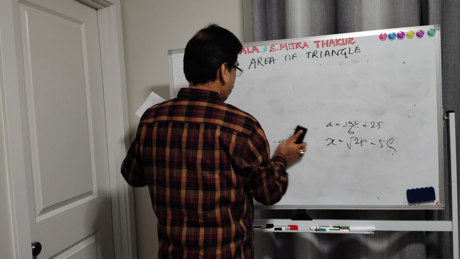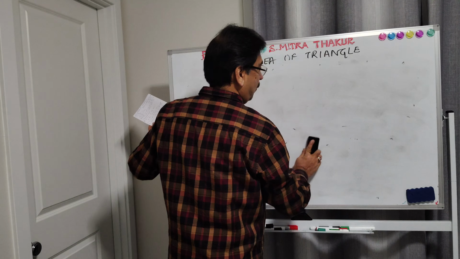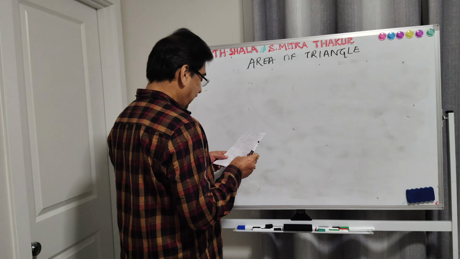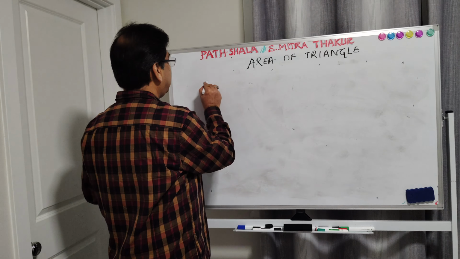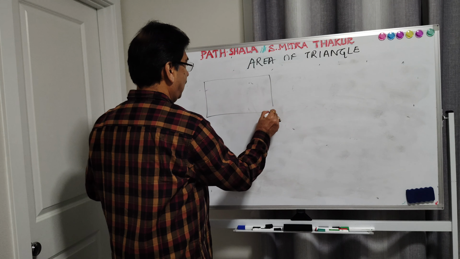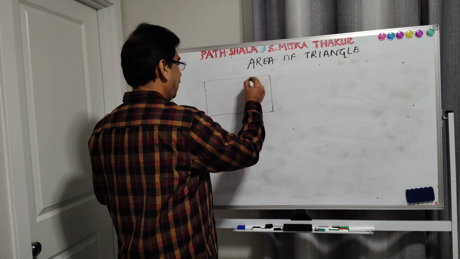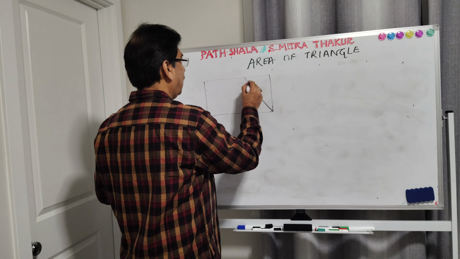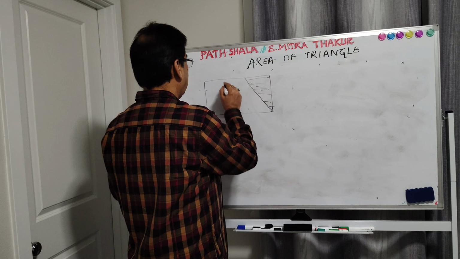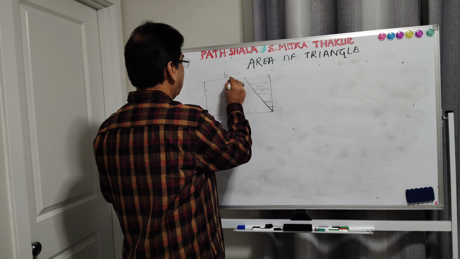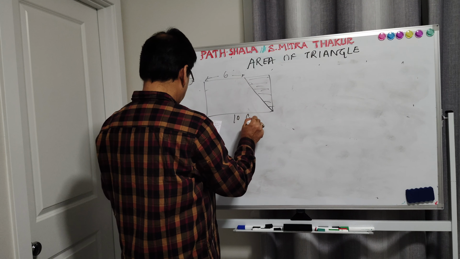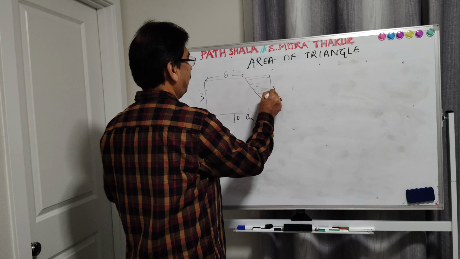Now I will show mathematics on how to calculate the area. Find the area of the shaded portion. This figure is given, with 6 centimeter, 10 centimeter, and 3 centimeter.